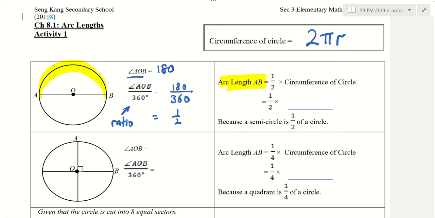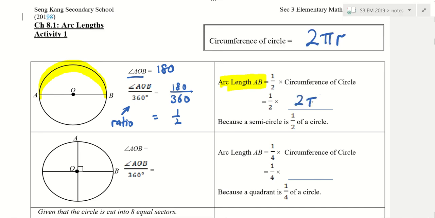So curved length equals what? I can work by ratio. Do you agree? If this angle is half, I can say this is 180 over 360 times the circumference of the circle. Like ratio like that. Make sense? So the circumference here would be 2 pi r. So here we will put 2 pi r.